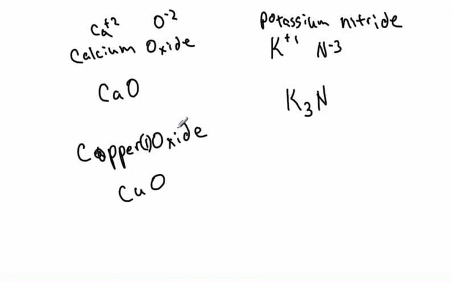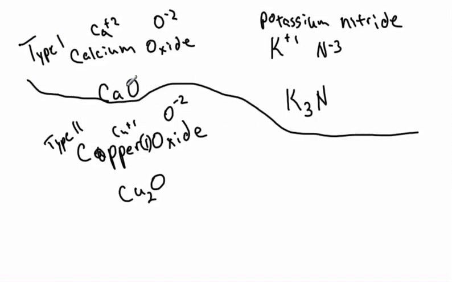So since copper is plus 1, oxygen is negative 2. The 2 is just going to crisscross, and you have Cu2O. Alright, that's a type 2 because we have the Roman numeral. These up top are type 1s. Alright, and I can do some polyatomic naming in the next video.